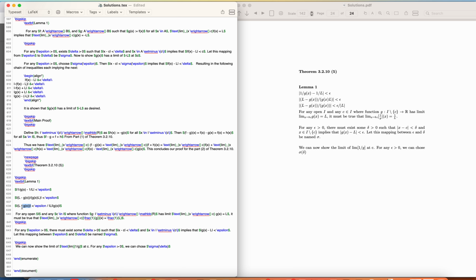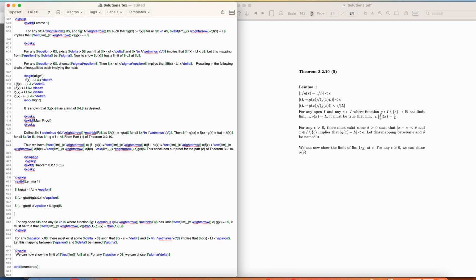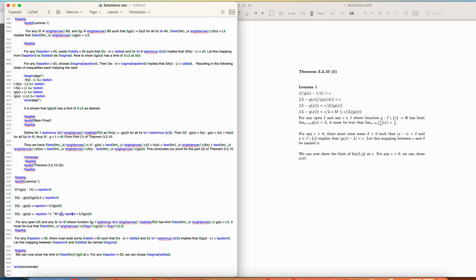Let's say if |L minus g(x)| is less than epsilon over L times some other value M, somehow that would make it less than epsilon over L g(x). Then what M would we need to make this true?